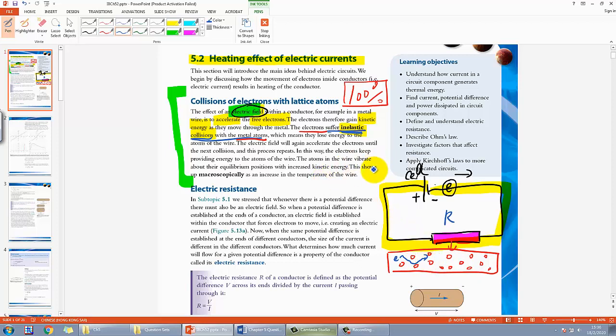And so that's why they will lose energy. And in terms of energy, this is how the voltage, if you recall what you learned in year 10, would drop when you pass through the whole resistor.